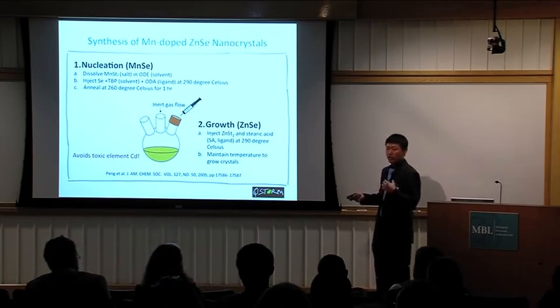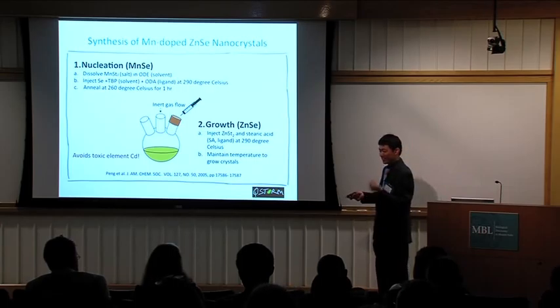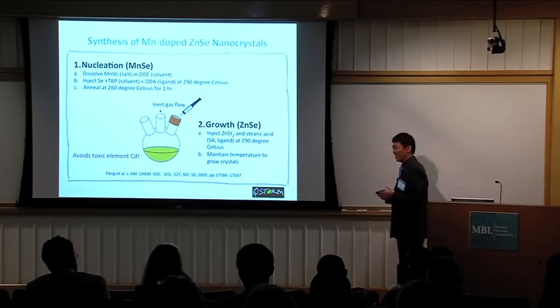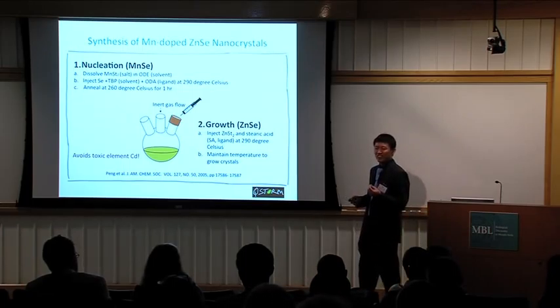For example, when you are doing general chemistry experiments, you encounter a lot of precipitation effect. That's the traditional crystallization experiment, and that does not have a lot of control. So here we apply some kind of ligands to slow down the crystallization process.